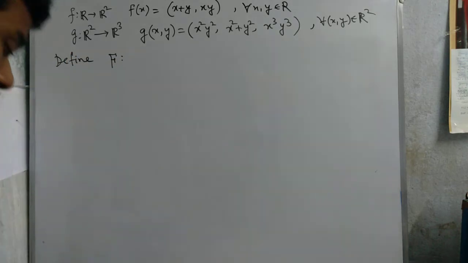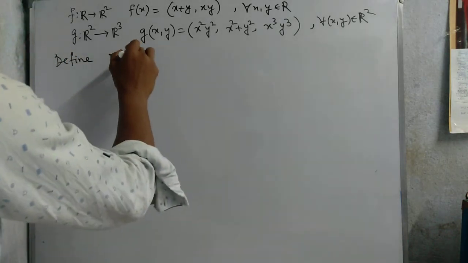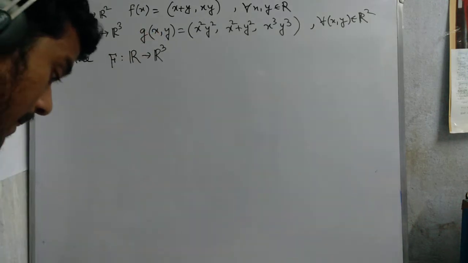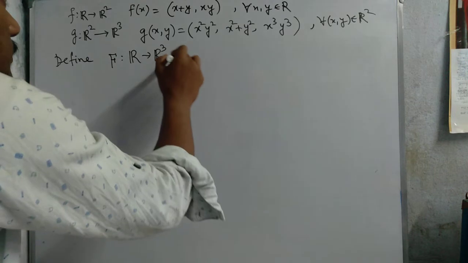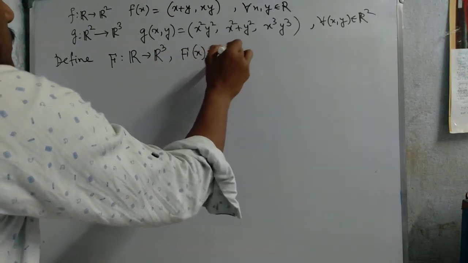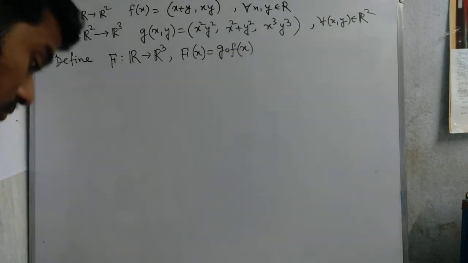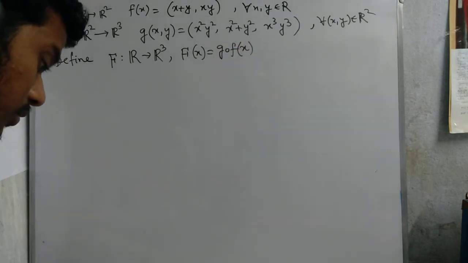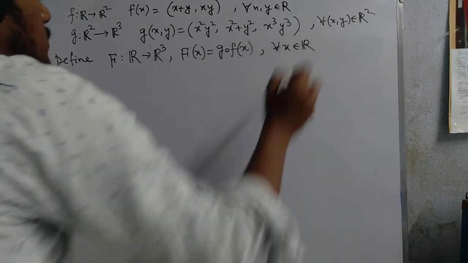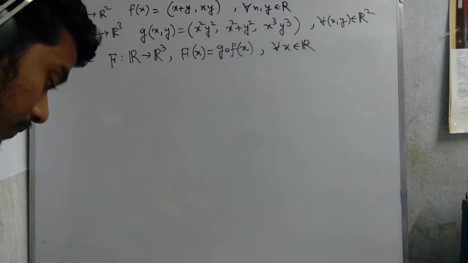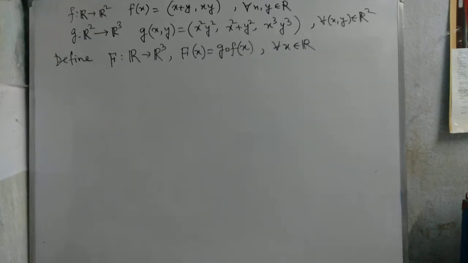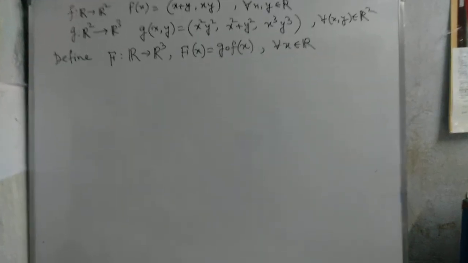Then define f: R → R³ by f(x) = g∘f(x) for all x belonging to R. How do we do it?